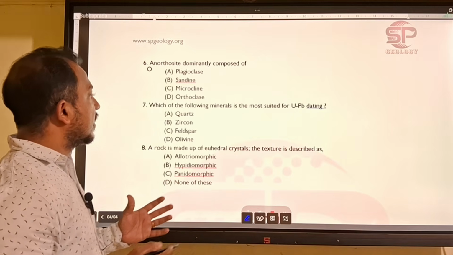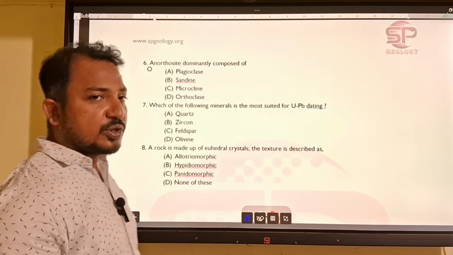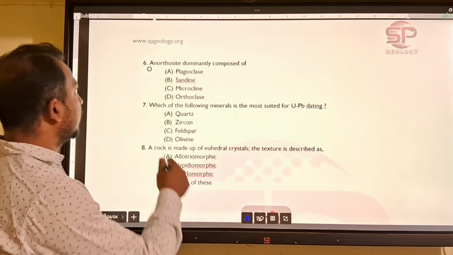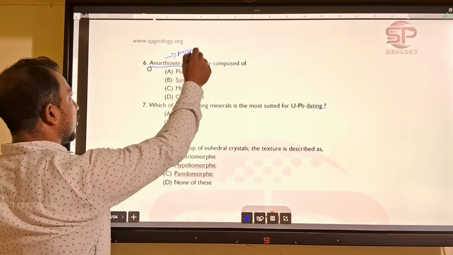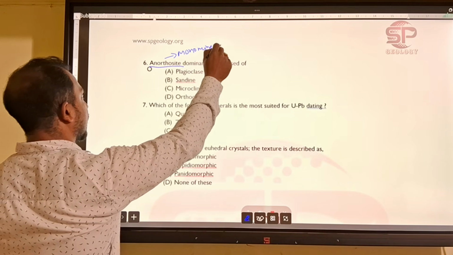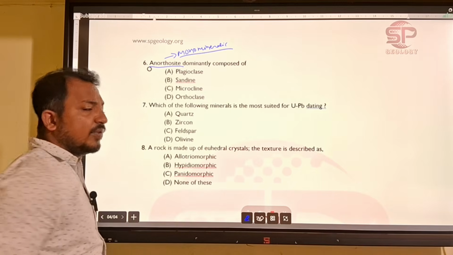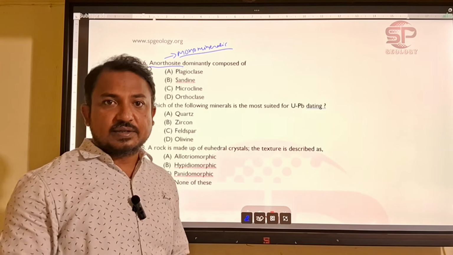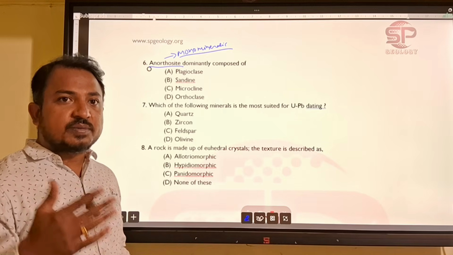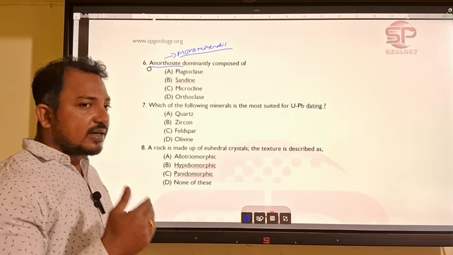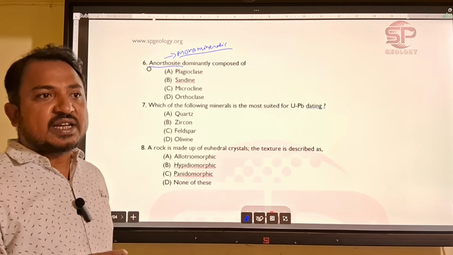So next question, anorthosite is dominantly composed of. So anorthosite is a rock called a monomineralic rock. So we know the definition of rock, it is an aggregate of minerals. But why do we say monomineralic rock? Monomineral means it consists of a single mineral. That means it consists of 90 or 95% of a single mineral.